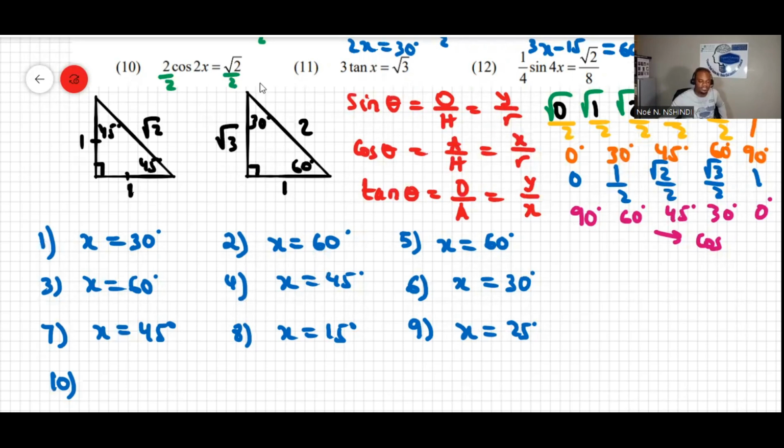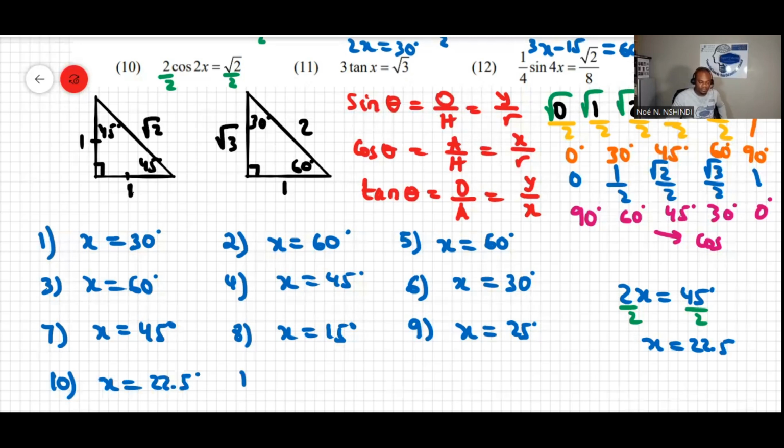So it means that 2x equals 45 degrees. Now to get the value of x, we divide by 2. And then we have x equal to 22.5 degrees.